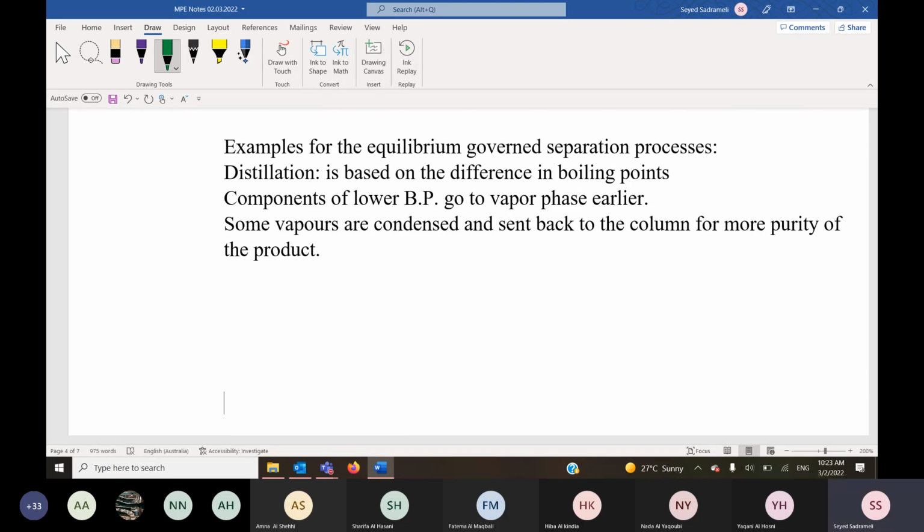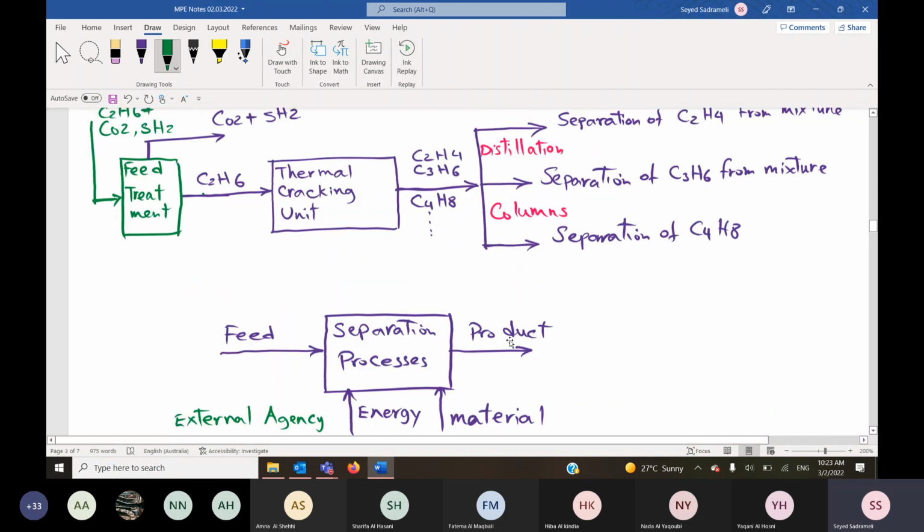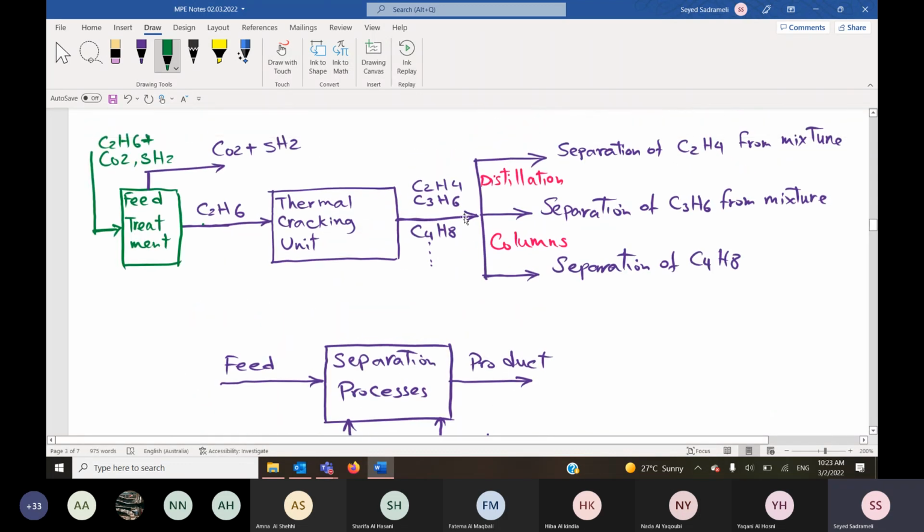So the example of this one will be the separation that we talked about as a downstream process. Here we had a mixture of C2H4, C3H6, and C4H8. The mixture is sent to some distillation columns to separate each from the others.